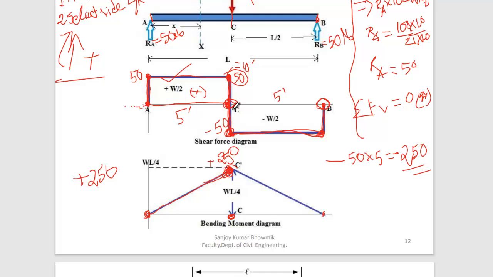Similarly, from this starting point for this segment, this is the ending point. So balance should be at the ending point. We already have plus 250, and now we find minus 250 from this segment. So if you balance this, it would be 0. So we find these 2 points again from here to here.